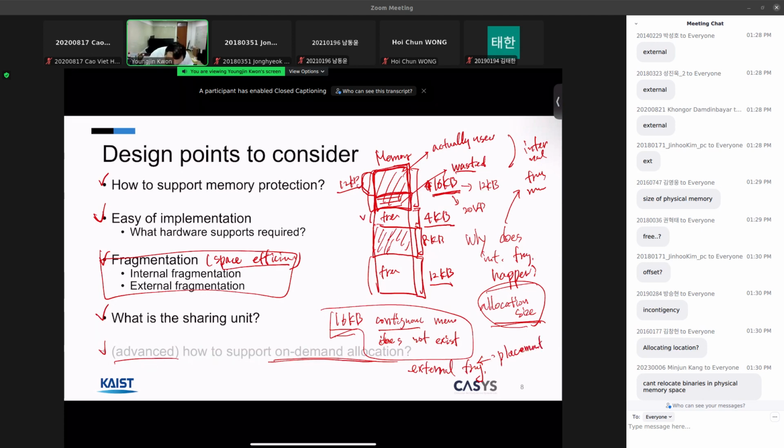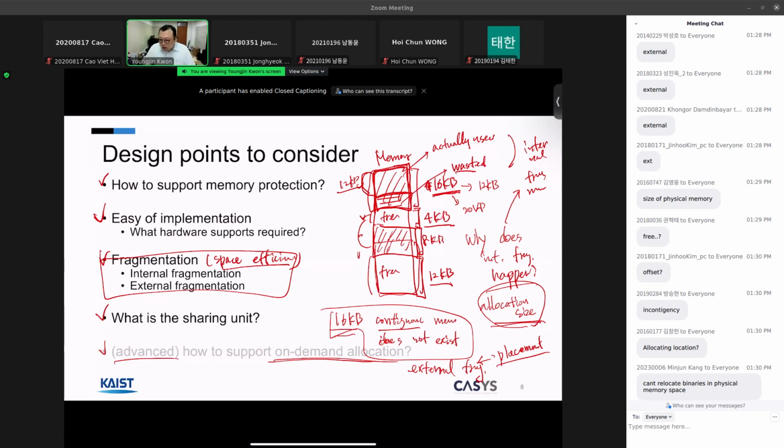How the physical memory is placed affects external fragmentation. A better placement strategy gives less external fragmentation. For example, if I move this memory upward, and there is a free contiguous chunk, external fragmentation is gone. So how used memory is placed affects external fragmentation, and how much is allocated at one time affects internal fragmentation in general.